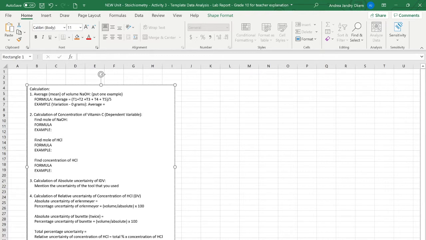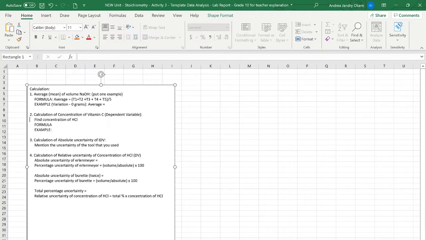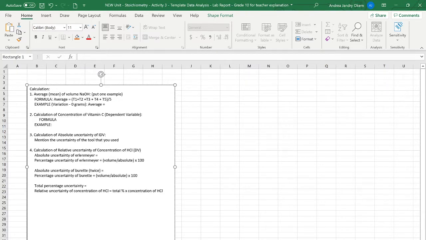Okay, you don't need to use this one, just delete. But the way that you are going to use to determine the concentration of vitamin C, you need to use the formula M1V1 equals M2V2, and then you can put the sample.